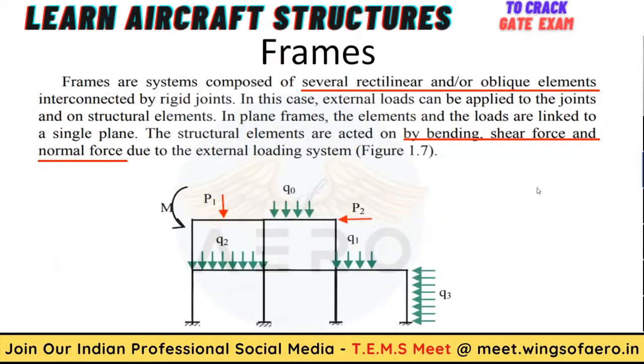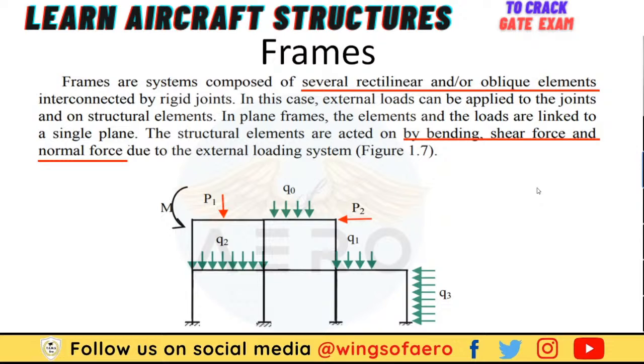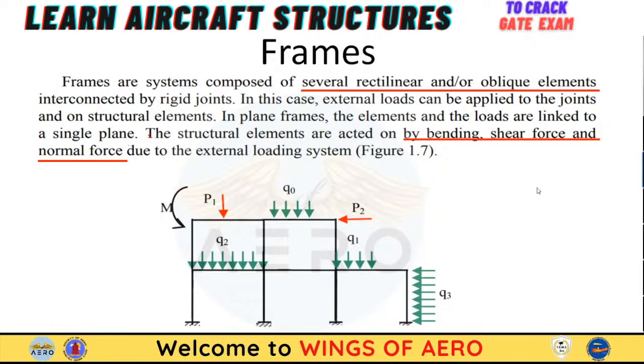Moving to the next, we'll see frames. Frames are a combination of several rectilinear or oblique members connected by rigid joints. This is also one of the takeaway points: connected by rigid joints.